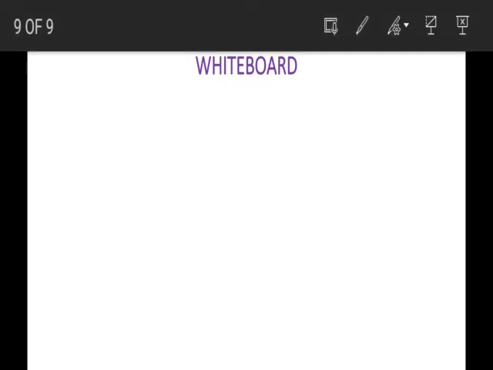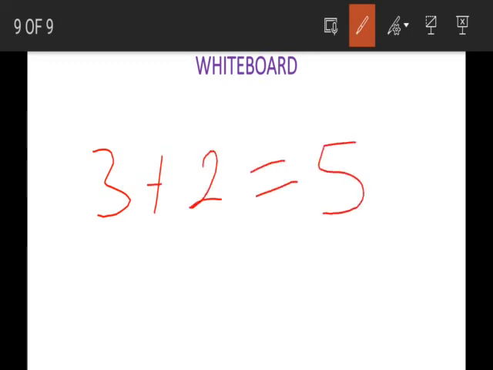We have the two numbers on the right hand side, which is 3 and 2. You add them together. 3 plus 2 is equal to 5.